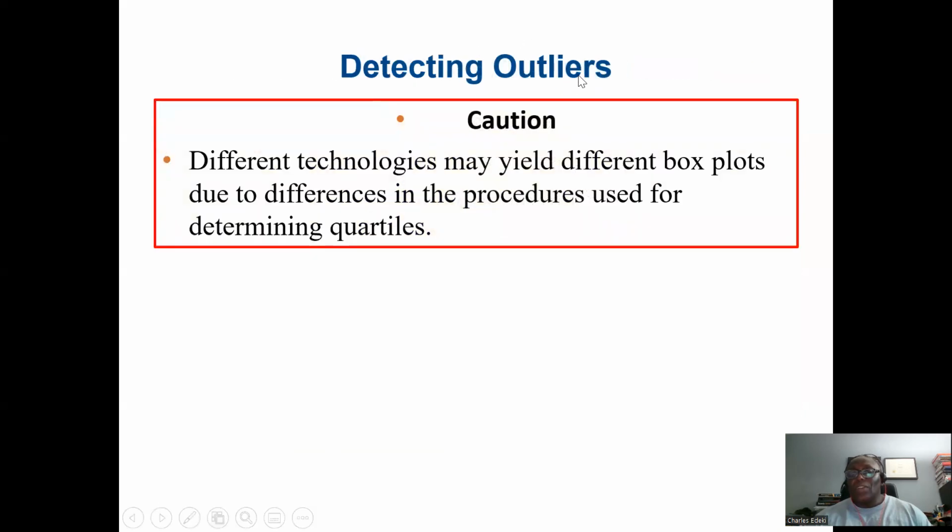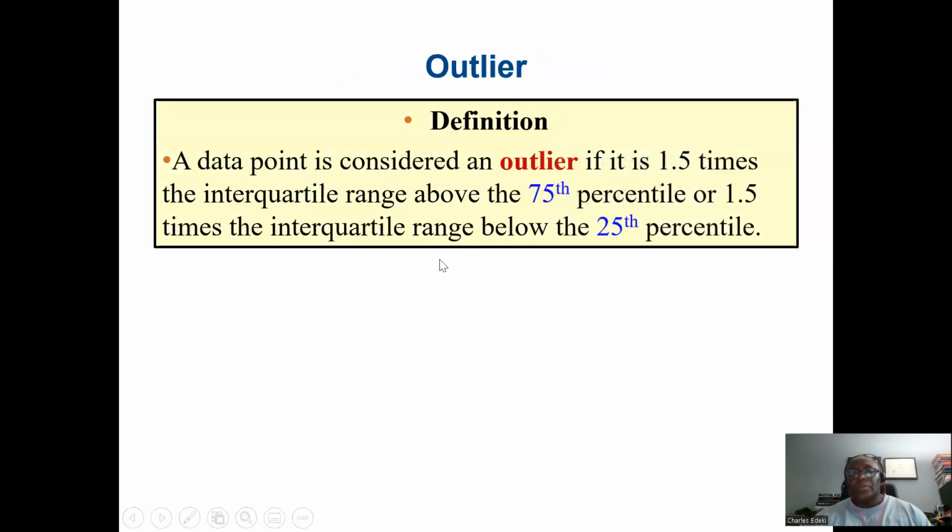Now, detecting outliers: different technology may yield different box plots due to differences in the procedure used for determining the quartiles. But again, outliers are always values below the minimum or above the maximum. A data point is considered an outlier if it is 1.5 times the interquartile range above the 75th percentile, or 1.5 times the interquartile range below the 25th percentile.